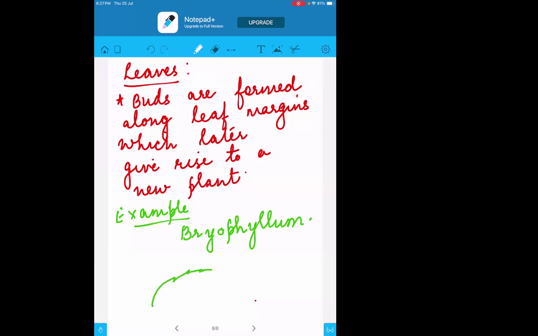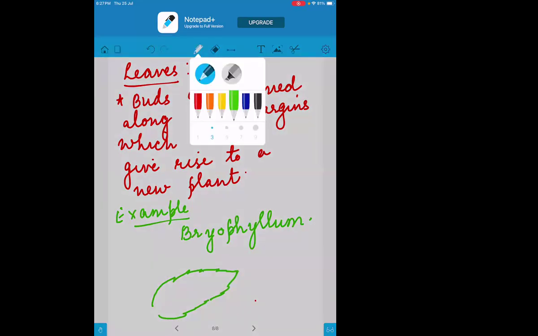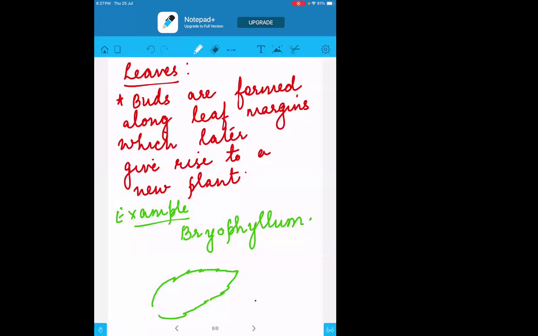There will be a leaf like this, and on the margins of the leaf, the new buds will be formed like this.